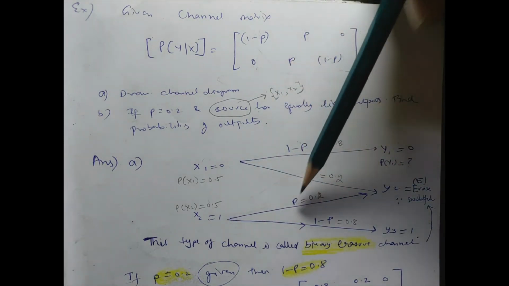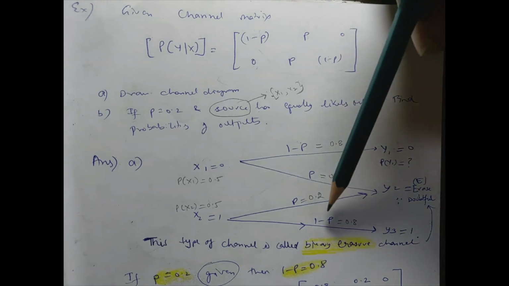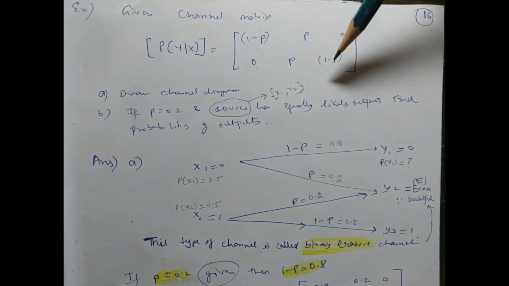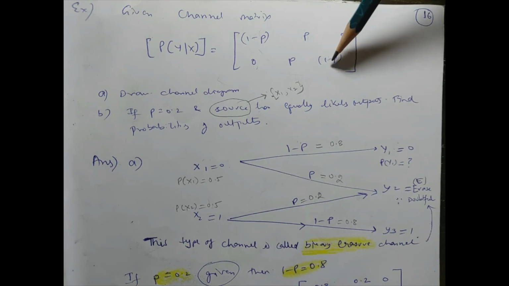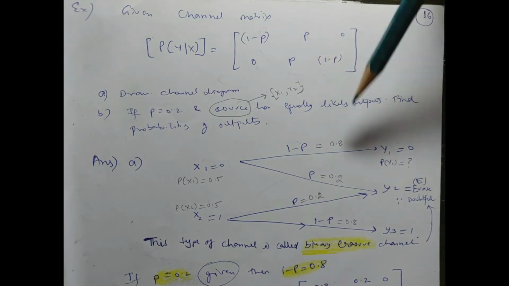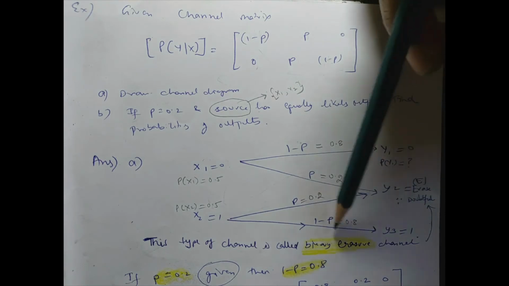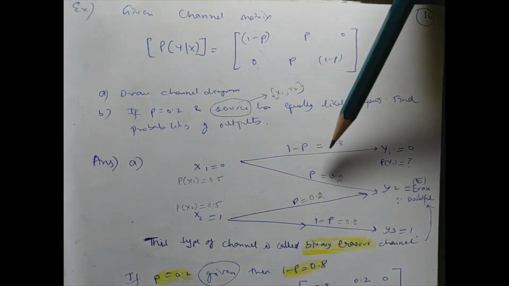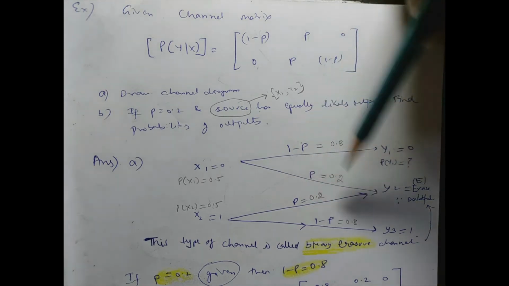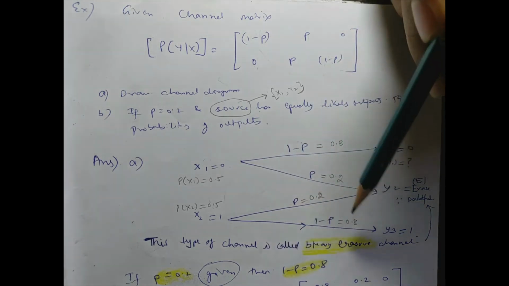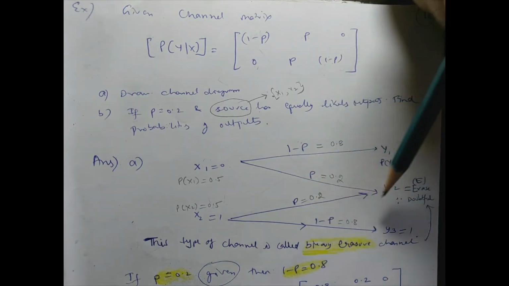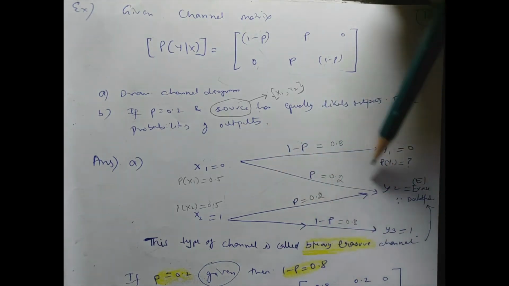That's why I wrote p here, and I wrote 1 minus p here, because the probability of generating a y3 due to x2 is this. So after drawing this and identifying this, that this is E, that's why it has been named erasure channel. This kind of channel is erasure channel. You can memorize it by its drawing.